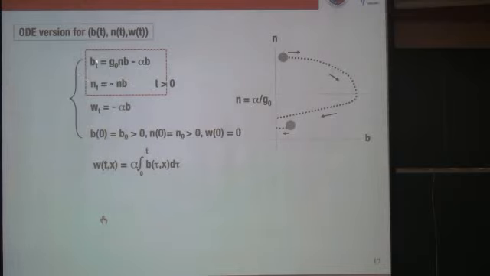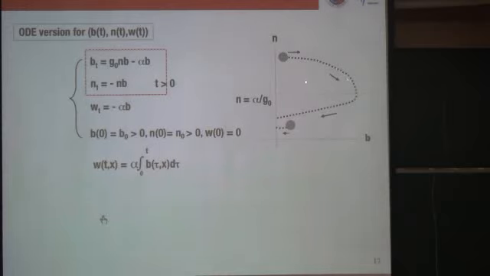Okay, but if the initial value of B is greater than this one, so this is negative, so this is positive. Then at first B is increasing like this, but N is decreasing here.